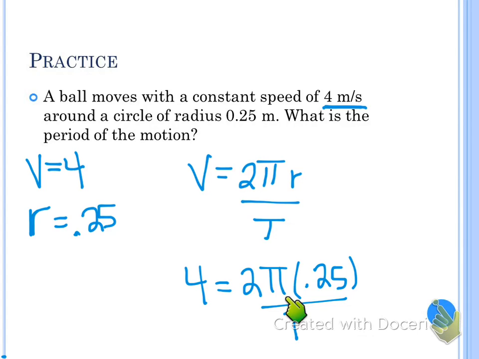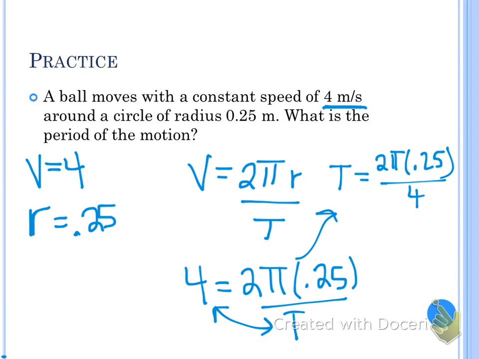What do we do? What's our shortcut if we have an equation like this where we're solving for variables on the bottom? Switch these two places. Okay, so it would look like this. T equals 2 pi times 0.25 over 4.